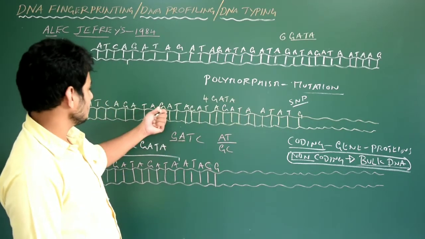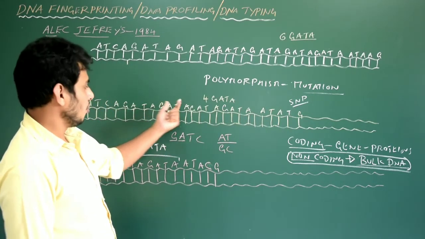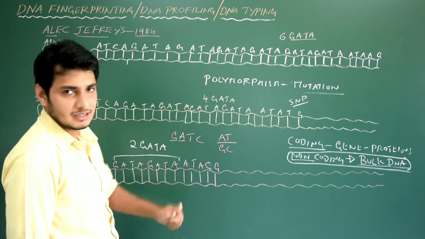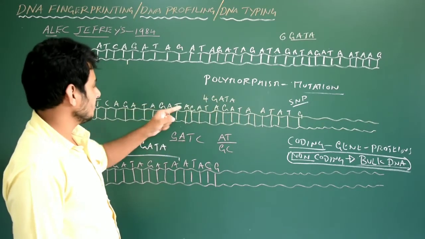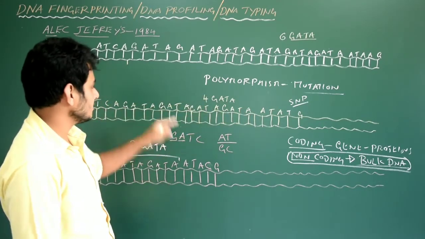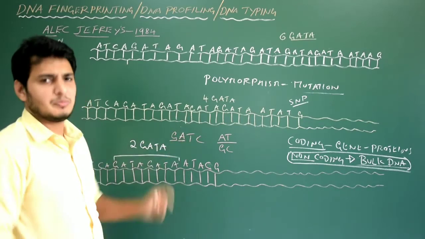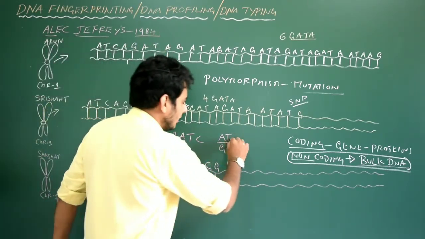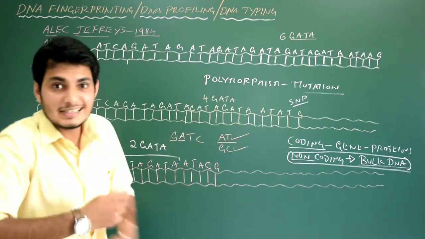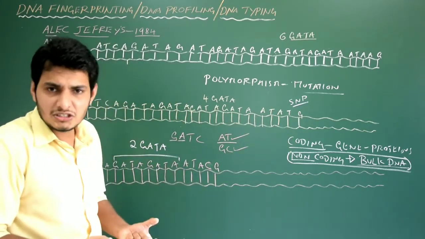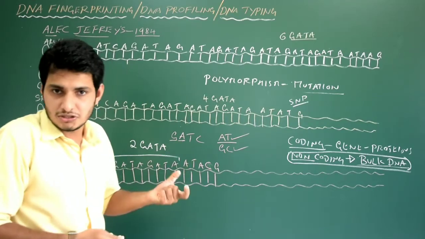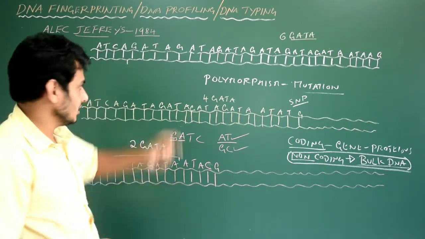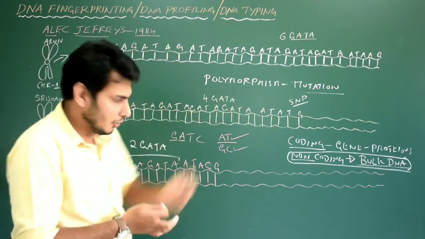In this case, G is seen in all the repeats, A is also seen, another A is also seen, T is also seen. I have taken one example here. So it could be AT rich or GC rich regions, and the number of nucleotides in these repeats varies. Are you getting my point?